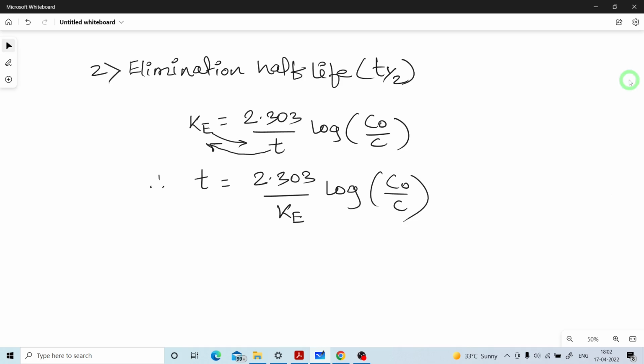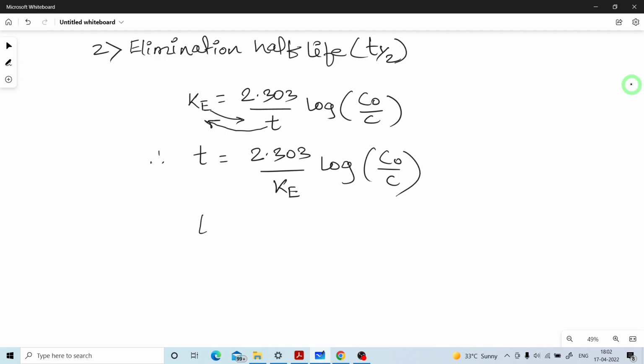Now, what is elimination half-life? Elimination half-life is the time required to eliminate 50% of drug from the plasma. So, when T is equal to T half, at that time, your concentration is going to become half the initial concentration. That is, it will be equal to C0 by 2.